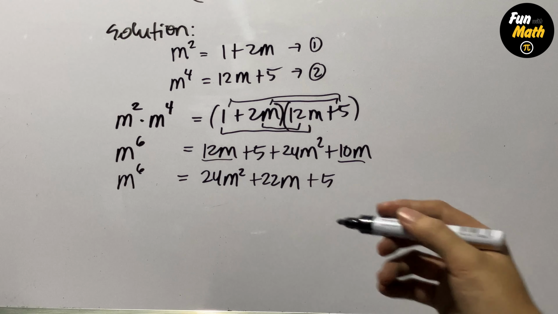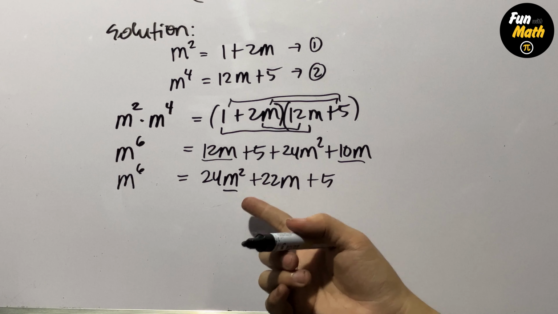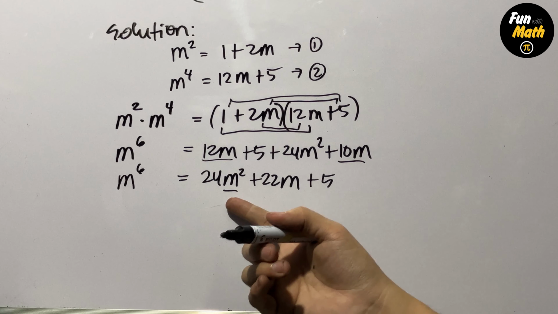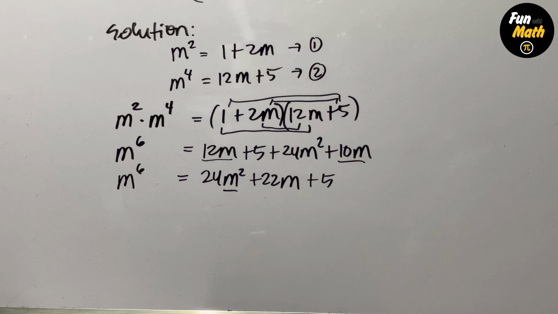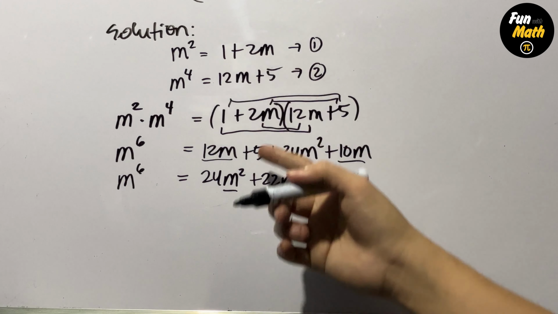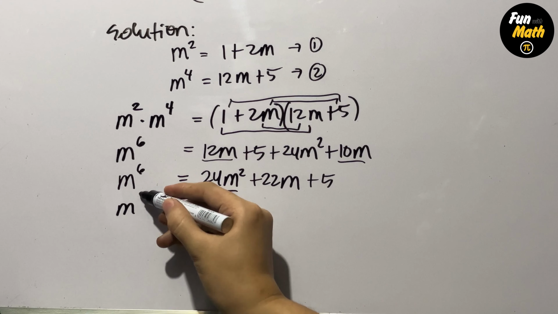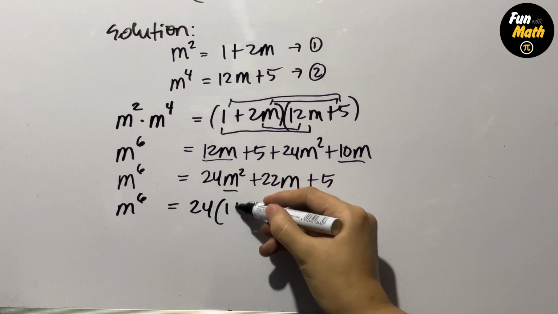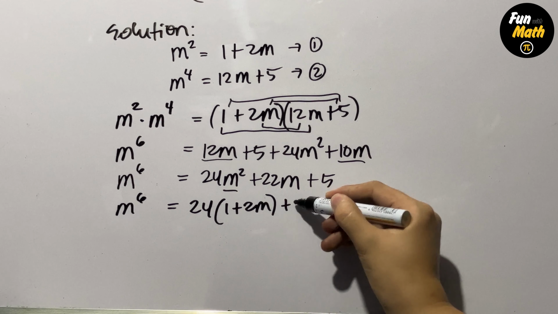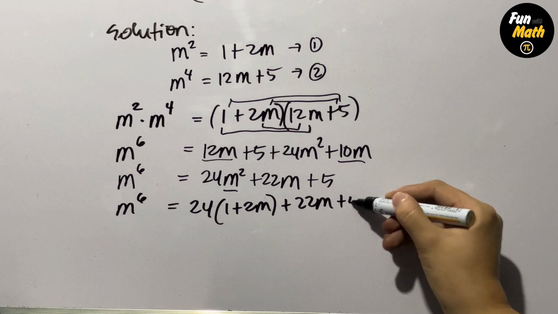Now, we have the m squared. And we know that we have the value for this in our first equation, and that is 1 plus 2m. So let's substitute this here. So m to the power of 6 equals 24 times 1 plus 2m plus 22m plus 5.